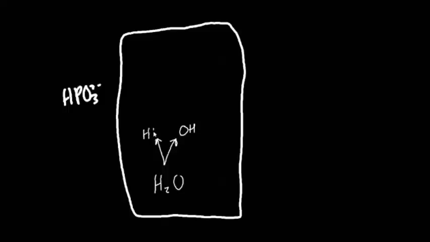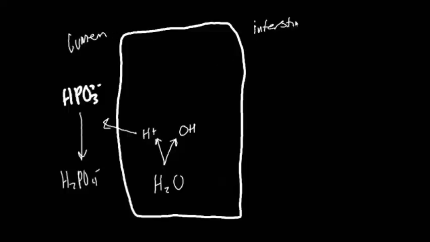an OH and an H. So we're going to take that hydrogen ion, it's going to leave the cell, and it's going to combine with HPO3 to form H2PO4 negative. We're going to lose that phosphate group. That gets lost in the urine. So this is lumen. This is interstitial.